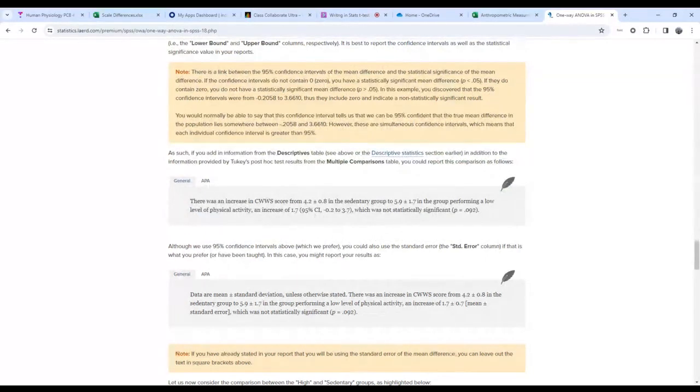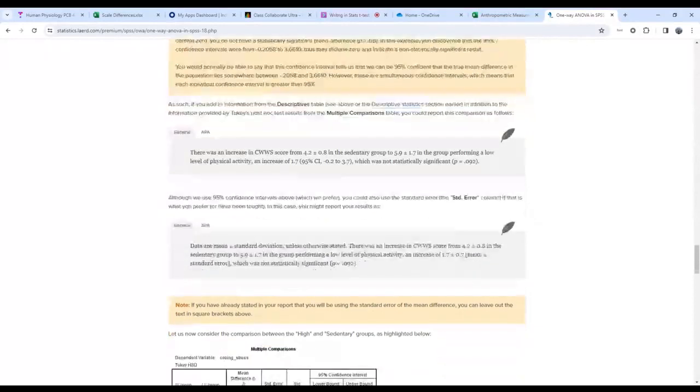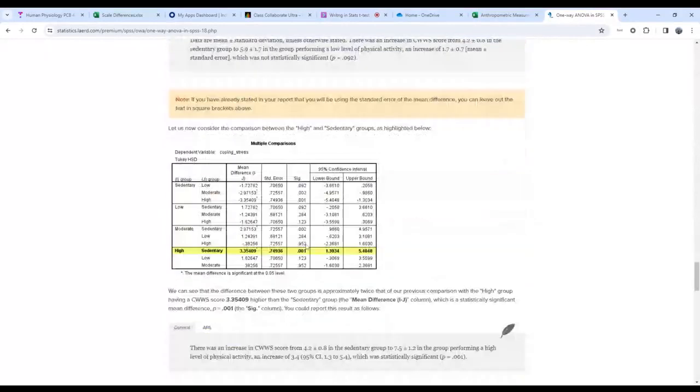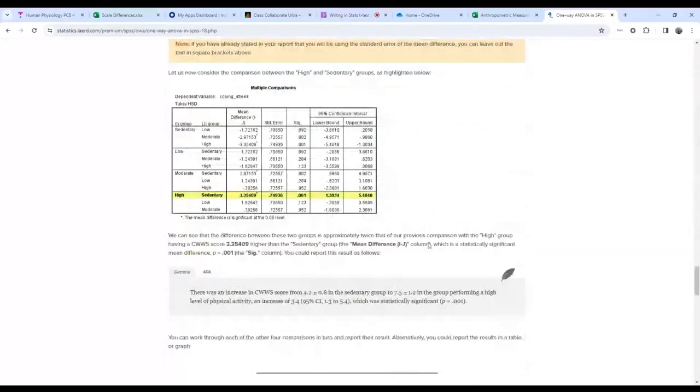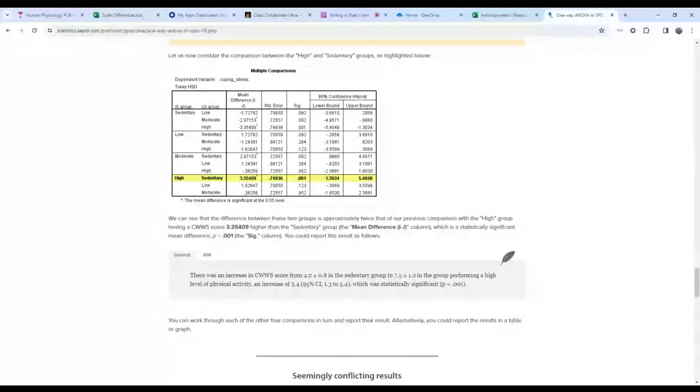Okay. So if you're writing up each one, here's your examples. Not statistically significant. Here, high versus sedentary. So there was an increase in the score from 4.2 plus or minus 0.8 in the sedentary group to 7.5 plus or minus 1.2 in the high performing group. Increase of 3.4.